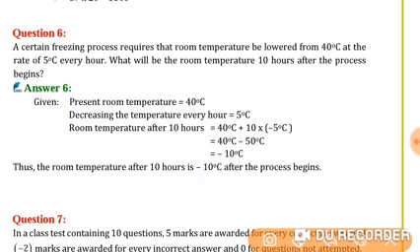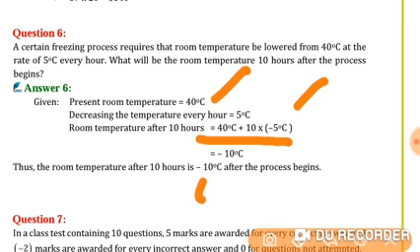See, present room temperature is 40 degrees, decreasing temperature is 5 degrees, so it is minus 5 we can take. But here I have already mentioned decreasing, so it is not written as minus 5. Room temperature after 10 hours is 40 degrees plus 10 into minus 5.